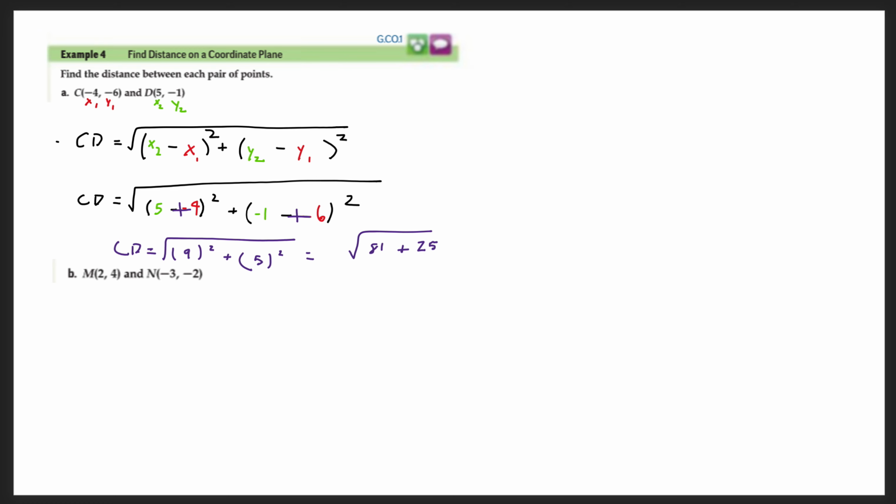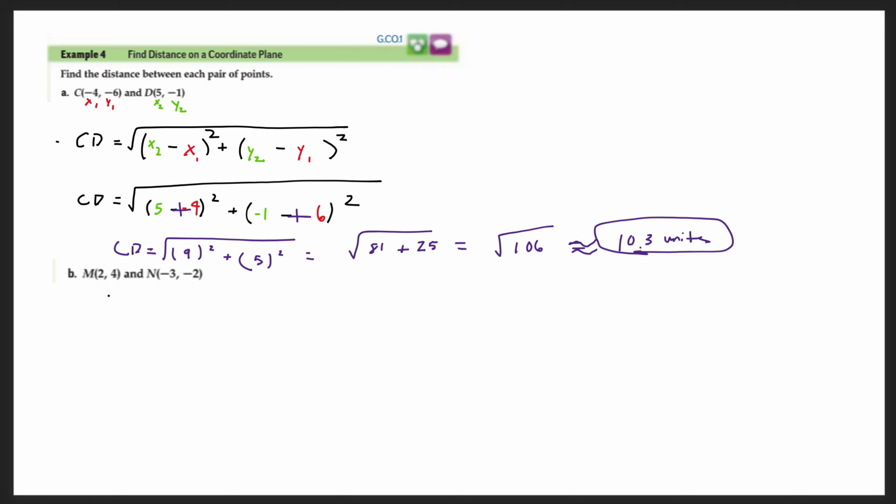When I add them up, 81 plus 25 is 106. So I have the square root of 106. I can leave it like that, or I can take the square root of 106 and say it approximately equals 10.3 units because we don't have a measure. So that's what CD is.